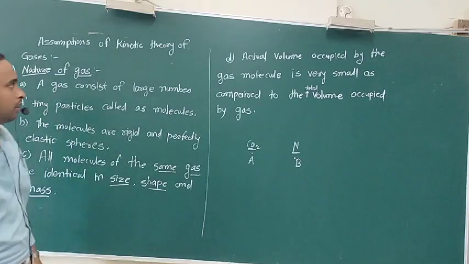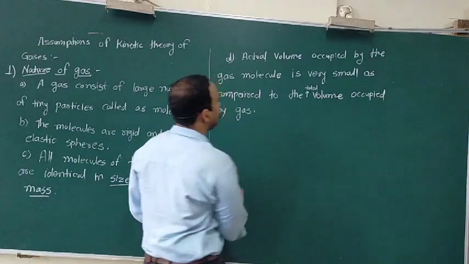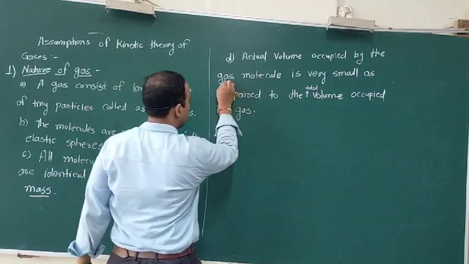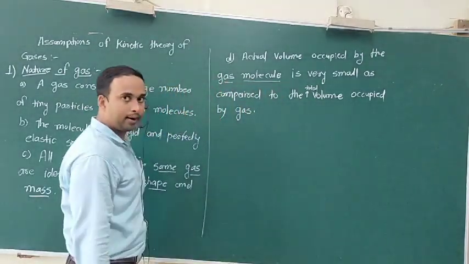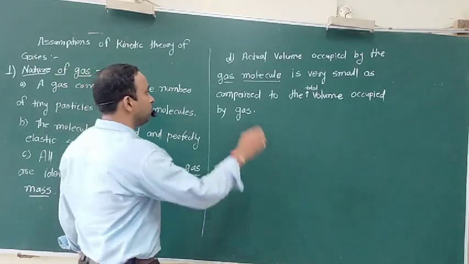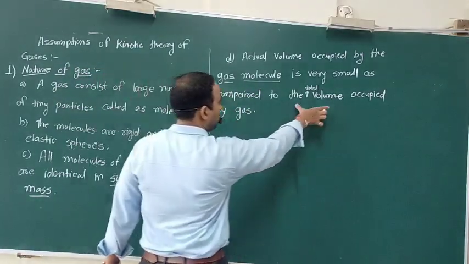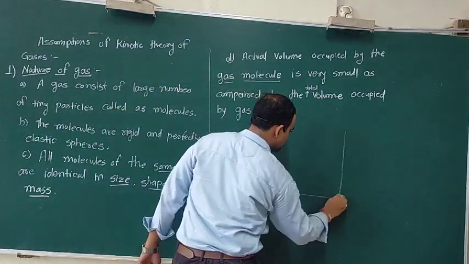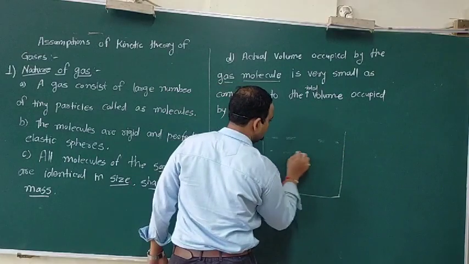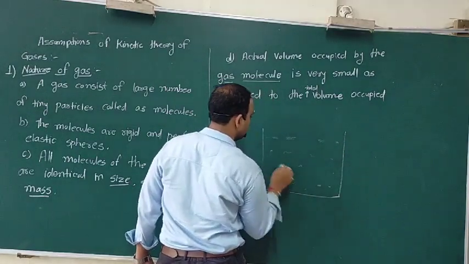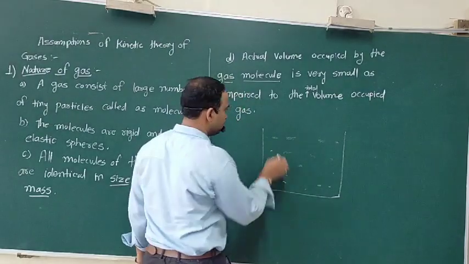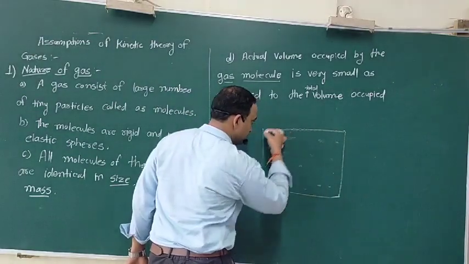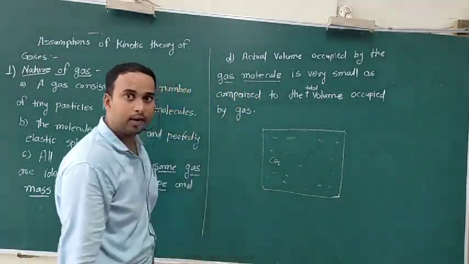Okay. And the last one, that is, the actual volume occupied by the gas molecules is very small as compared to the total volume occupied by the gas. Suppose this is the container, and in this container CO2 gas is there. This container is closed. This CO2 occupies the shape and volume of the given container.